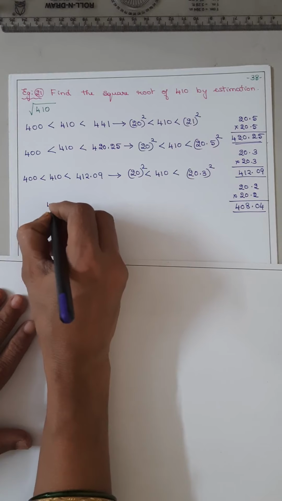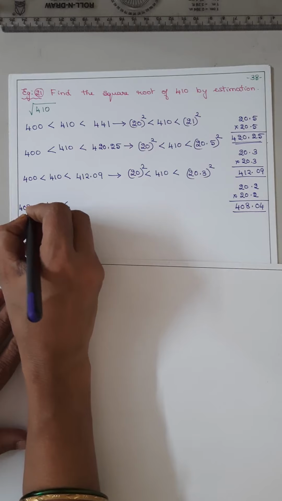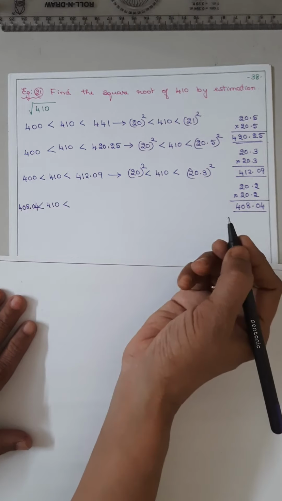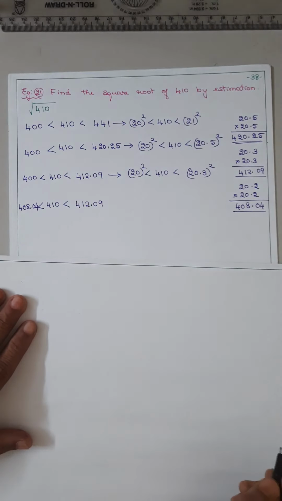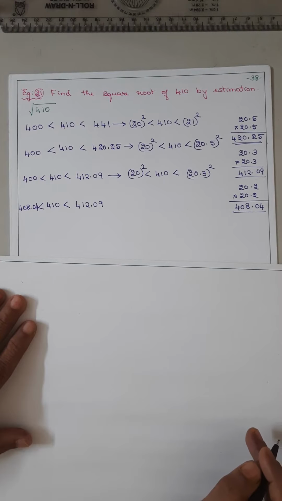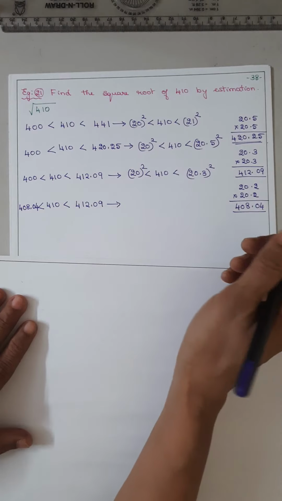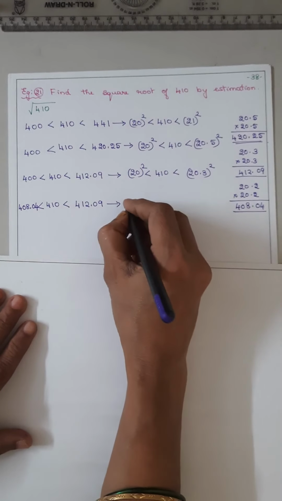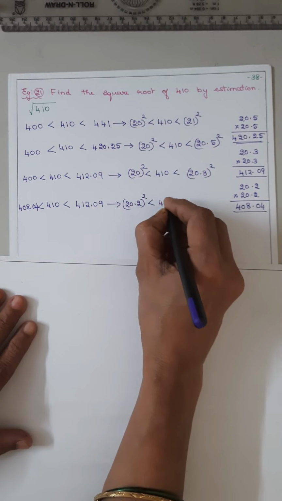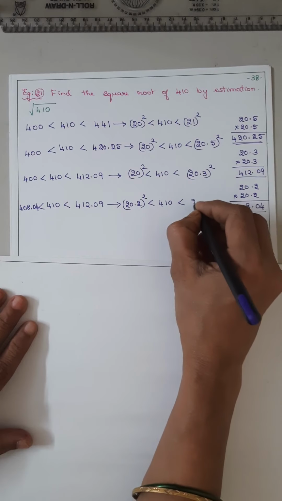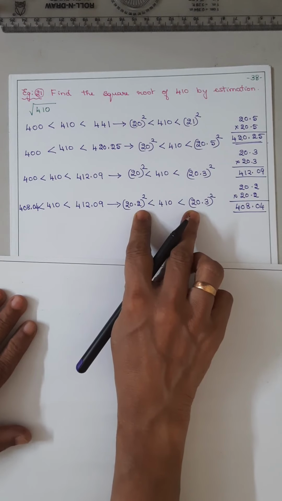So now 410 is between 408.04 and 412.09. Hope everyone is understanding. That means it is between 408 किसका है? 20.2 square and 20.3 square. 1 डेसिमल के डिफरेंस में आया है ना.